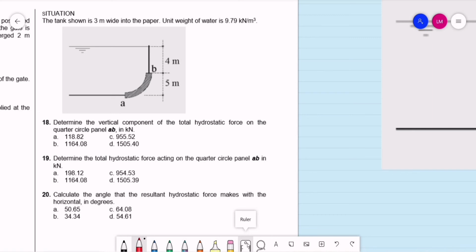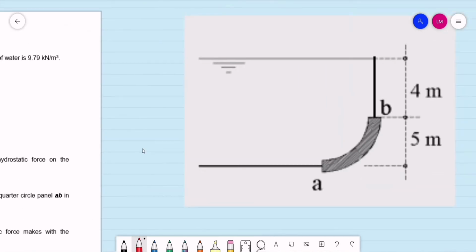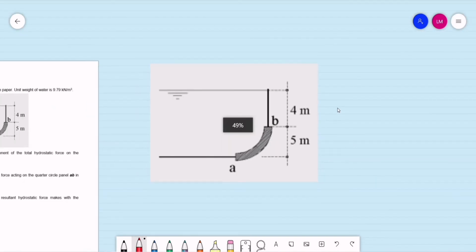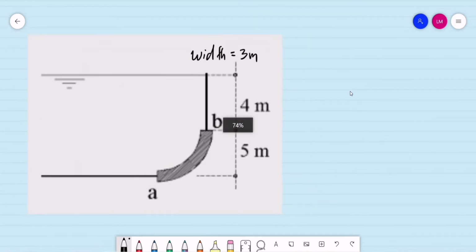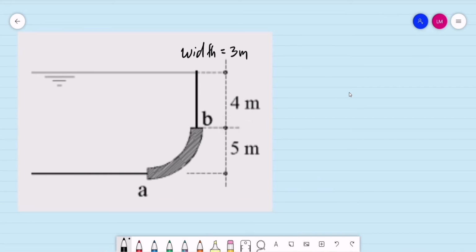Problem 18 to 20. The tank shown is 3 meters wide into the paper. Unit weight of water is 9.79 kilonewtons per cubic meter. So let us imagine perpendicular to the paper, the width of this tank is given as 3 meters.